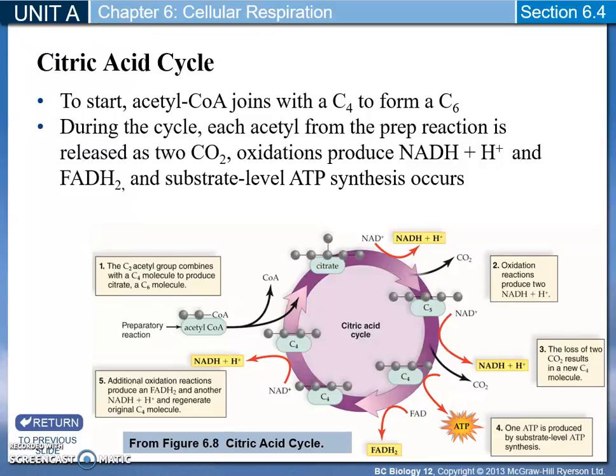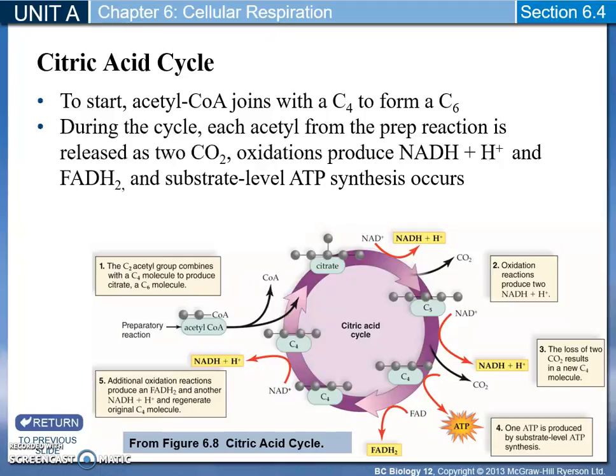At various stages, CO2 is given off, oxidation reactions produce NADH plus H plus, ATP is produced, and FADH2 also is produced from this cycle.